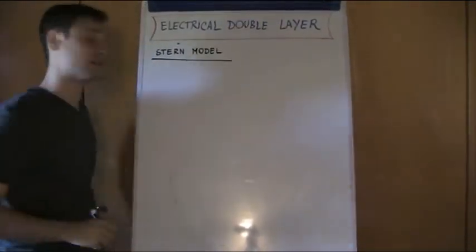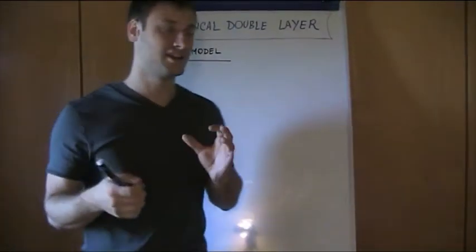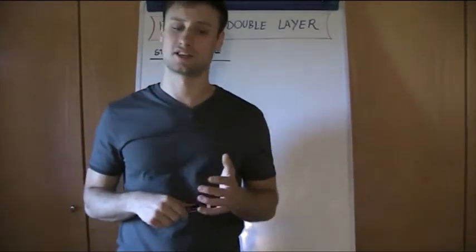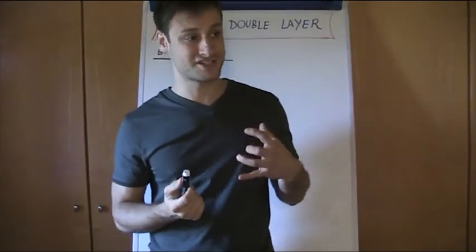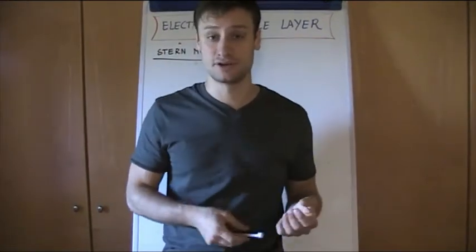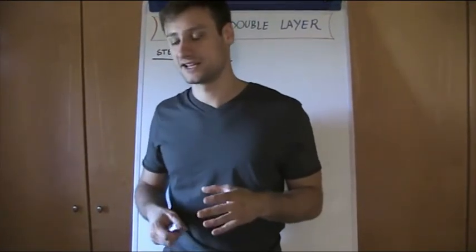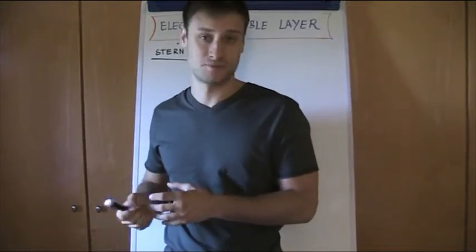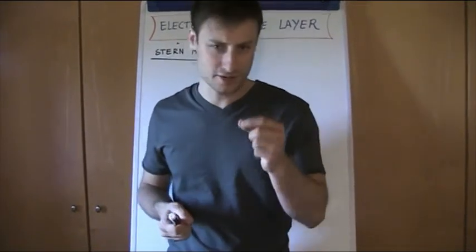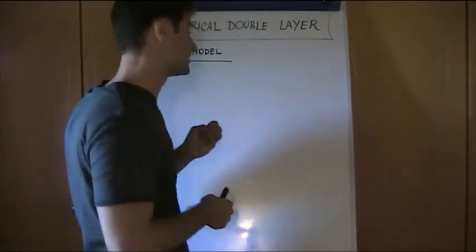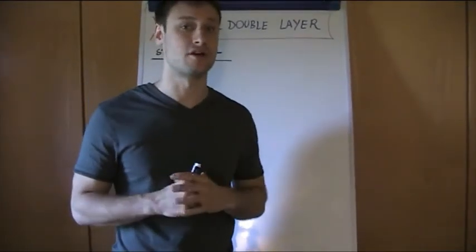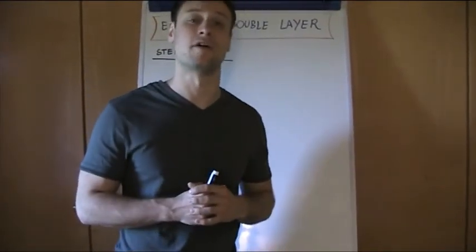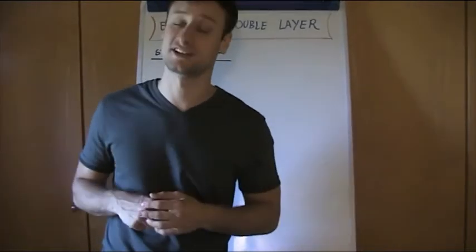The Stern model. So the Stern model is a quite smart model that, from a certain point of view, collects a result from the Helmholtz model together with a result in the Grahame-Chapman model. So basically, what the Stern model tells us is that we need to consider the molecular nature of our ions, for instance, our cations.